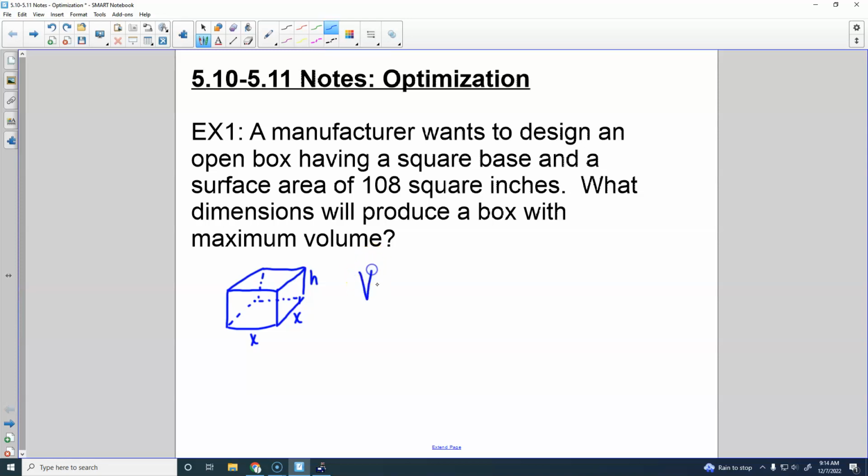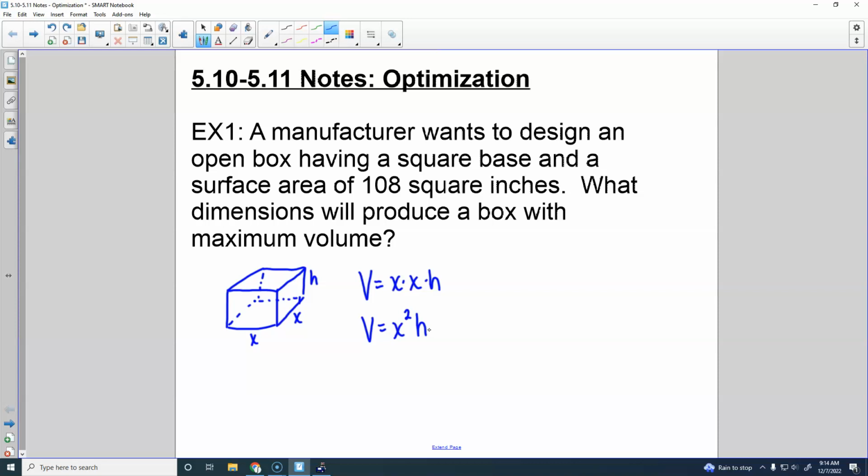So volume of this box here, for a box, volume is just length times width times height, so that would be x times x times h, or it would be better to write that as x squared times h. We need to find the maximum of that equation, but right now that equation is in 3 variables, right? And we need to get it down to at least 2 variables or we're not going to be able to deal with the answer that we're going to get.